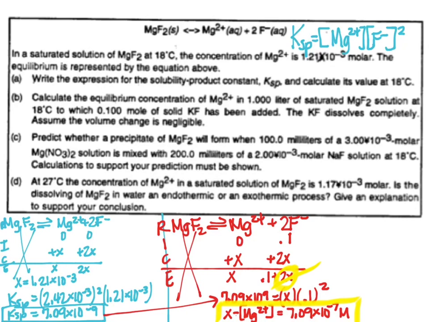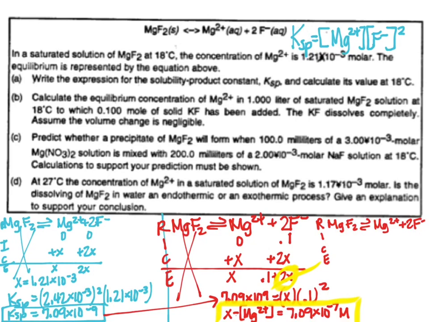All right, so let's do the next math one. Predict whether a precipitate will form when we have 100 milliliters of 3 times 10 to the negative third molar mixed with 200 milliliters. So now again we have another M1V1. So again we start with MgF2, Mg2 plus and 2F minus. And we want to know if a precipitation is going to form this time.